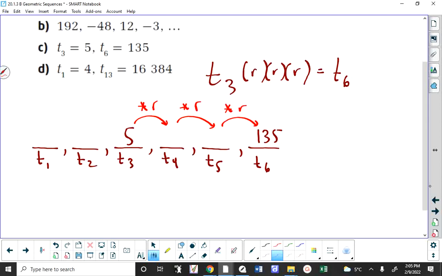So I always say it this way. We're going to multiply by r 3 times, but that's deceptive because you might think we're multiplying by 3r. That's not what I mean. I mean we're multiplying by r, by r, by r. So actually what we're doing to go from this term all the way to this term is we're multiplying by r cubed.